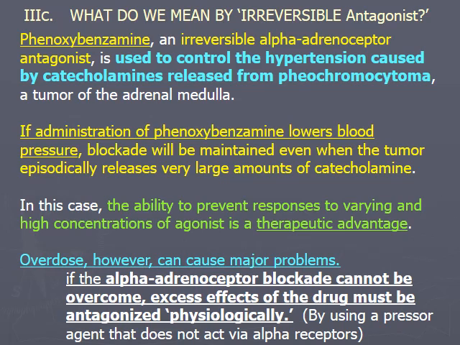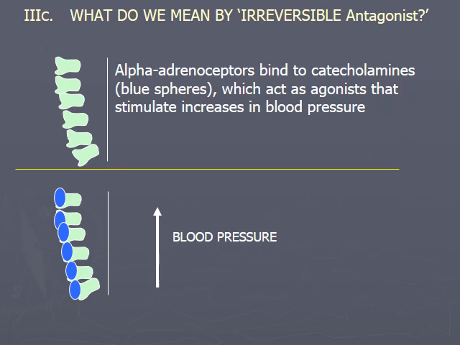But why does this work, and why do we bring this up here when we're talking about irreversible antagonists? Well, if we look at these alpha receptors, they're abundant in the vascular smooth muscle. Along comes catecholamine, binds them, causing the vascular smooth muscle to constrict.